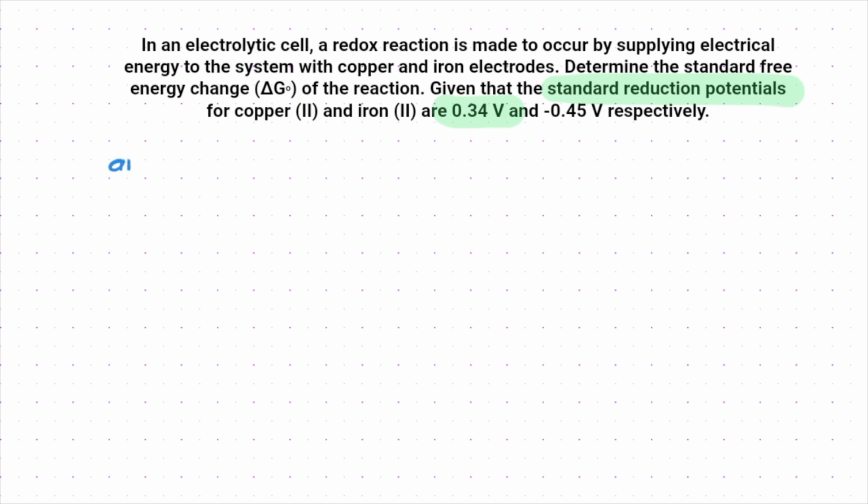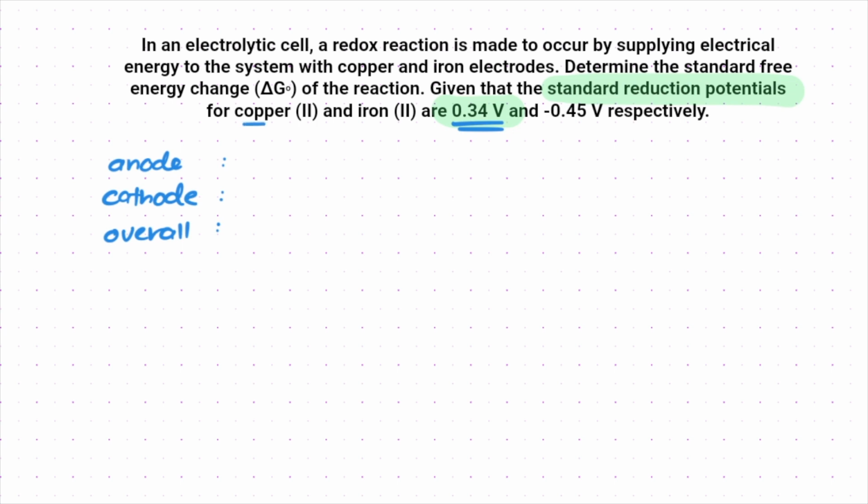So we will have anode, we will have cathode, and the overall reaction. We are going to start with cathode. At cathode, it will have a more positive standard reduction potential.